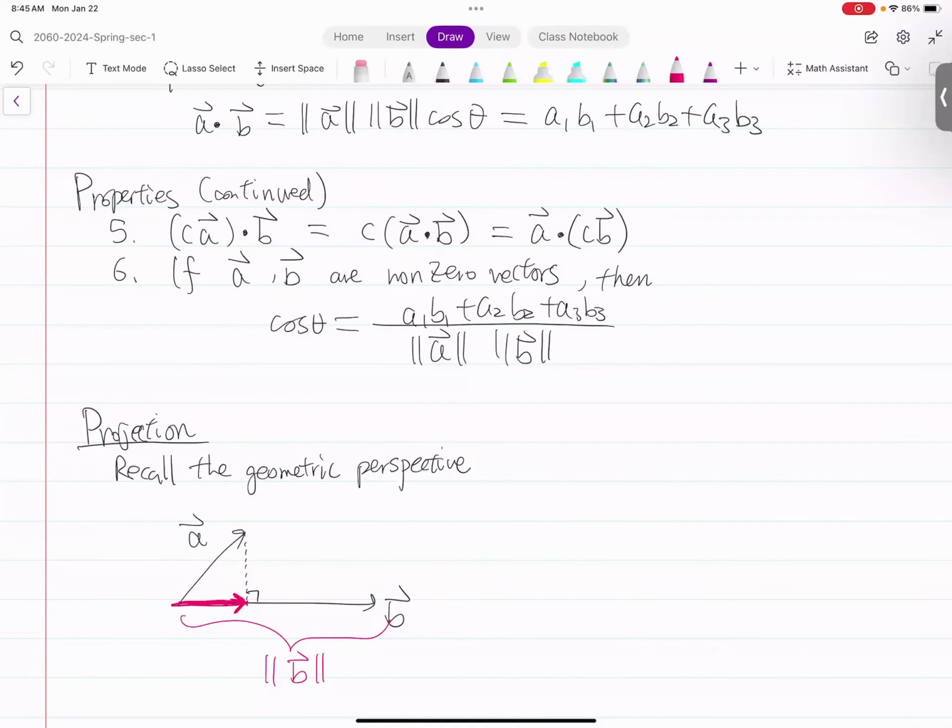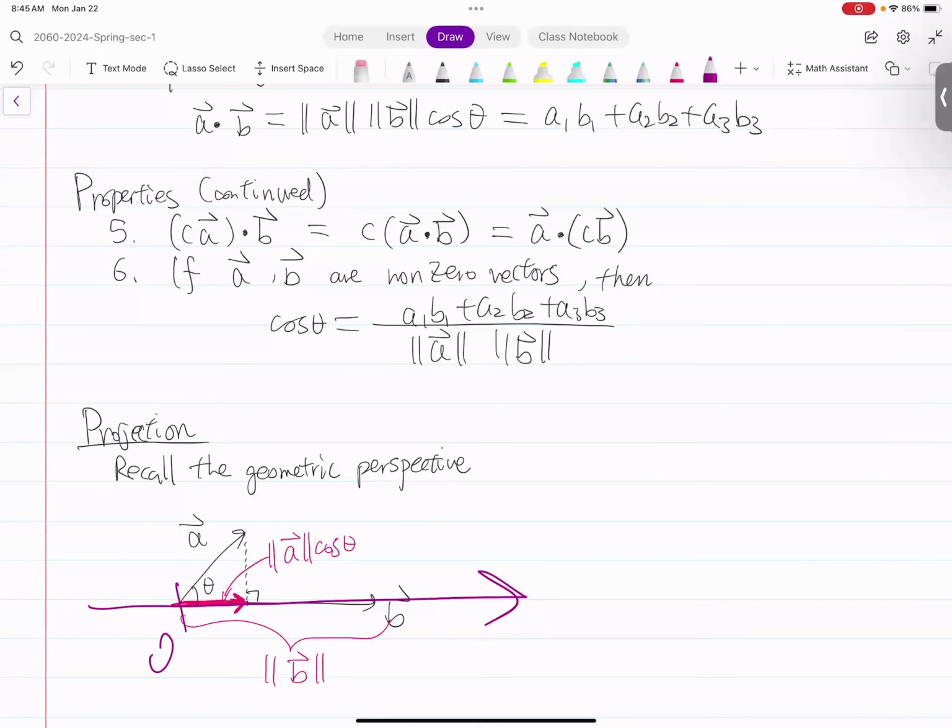So this is the vector that we get. We label this theta as the angle. And we know this solid red bar has a magnitude of, well, I should say, if we do the projection down to the direction of B, essentially you see this as a real line, right?